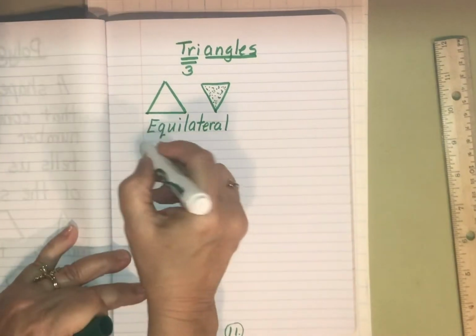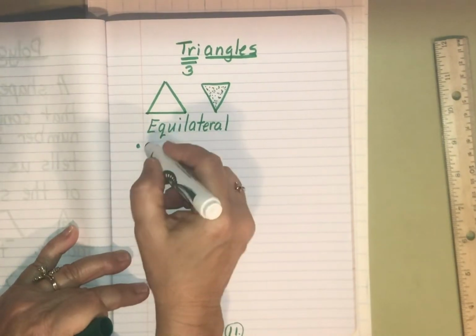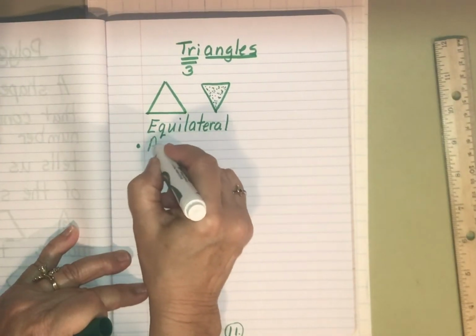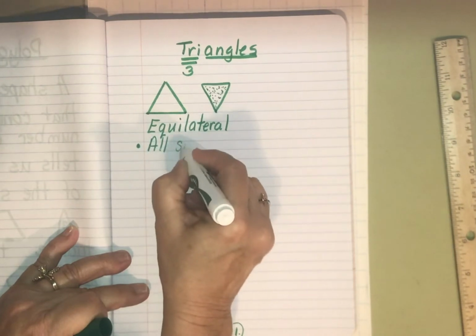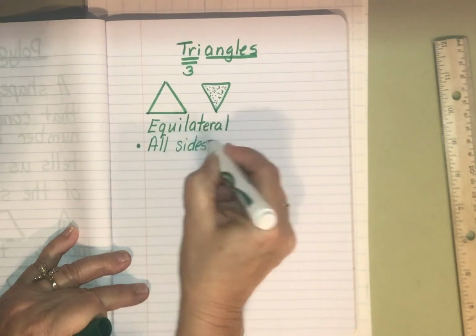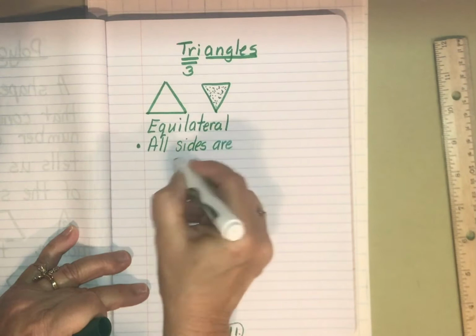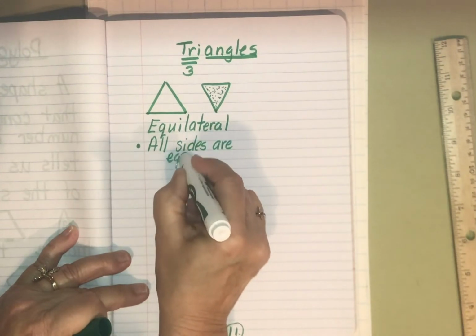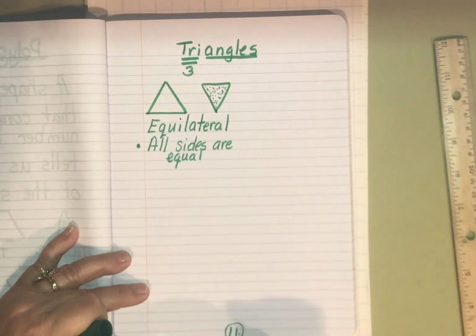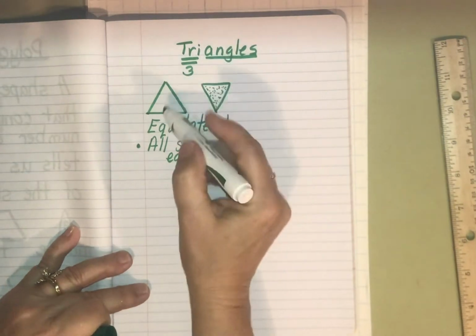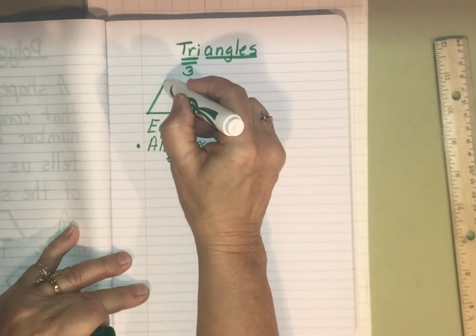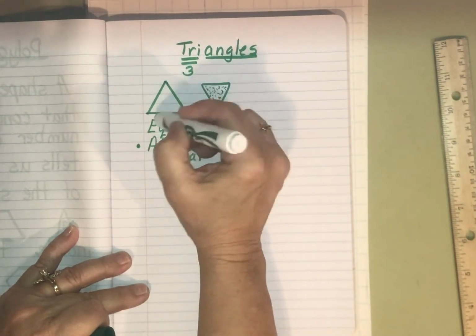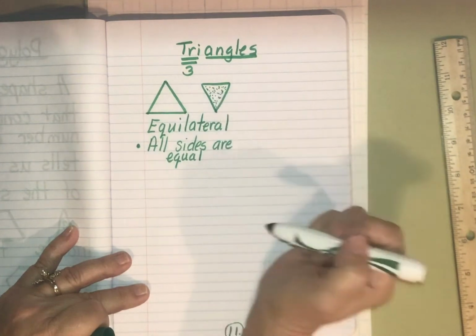Okay, and so let's write the definition or the attribute. All sides are equal. Okay, so our first triangle, all of the sides, the 3 sides are going to be equal.